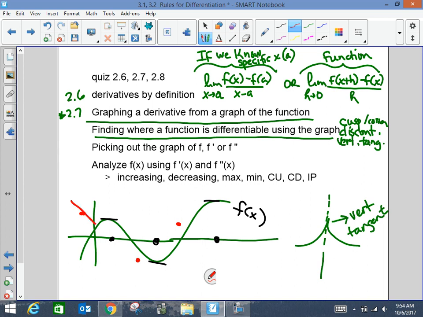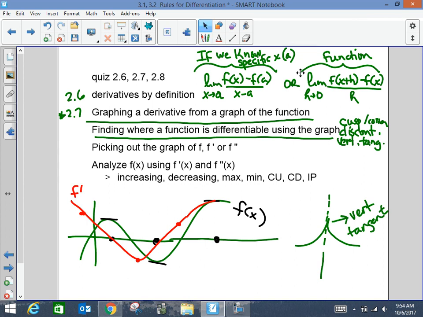So here's your derivative graph. Okay, so F prime is your derivative. Remember doing that in 2.7? That was kind of our focus. Also, we looked at this in 2.7. We had 3 graphs. Pick out which one's F, like you had to do at the beginning of number 6 today. Which one's F, which one's F prime, which one's F double prime?